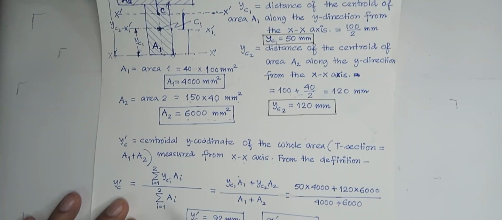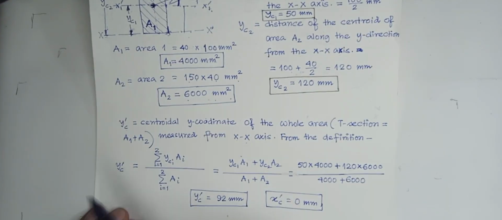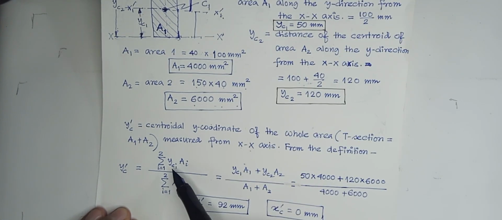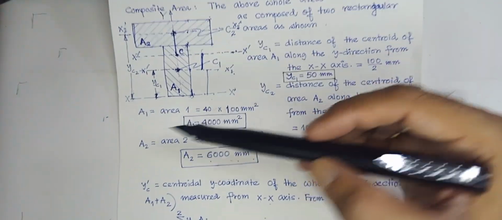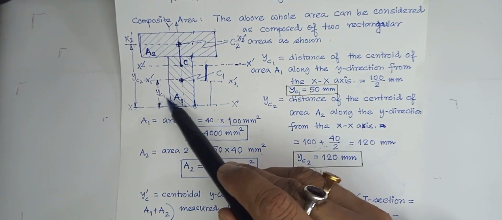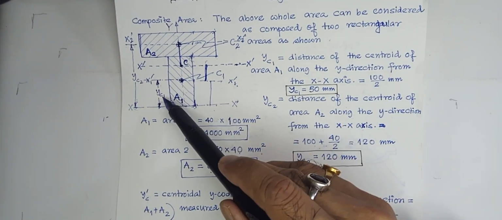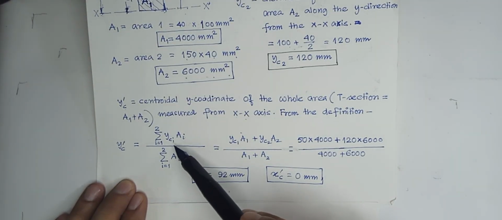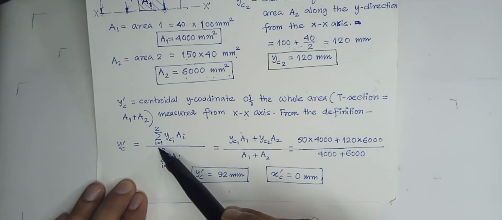Now from definition we can write that yc prime is equal to summation of yci ai divided by summation ai. What is yci? yci means yc1 for area 1, and yc2 for area 2. So i is equal to 1 to 2.